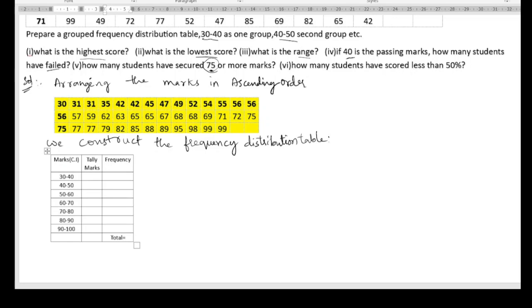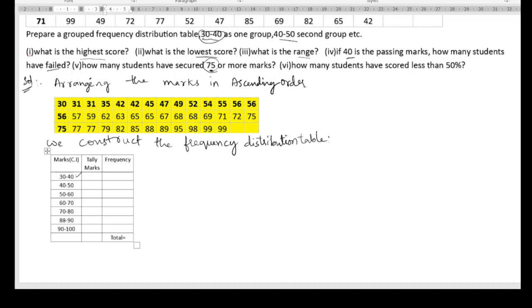You need to draw three columns. The first column will be marks, the class interval. The next column is for tally marks, and after that frequency. As they have told us to take the first group as 30 to 40, I have taken it as 30 to 40. After that 40 to 50, then 50 to 60, 60 to 70, 70 to 80, 80 to 90, 90 to 100.